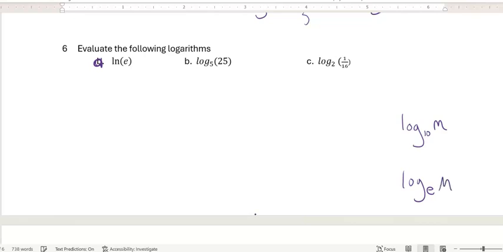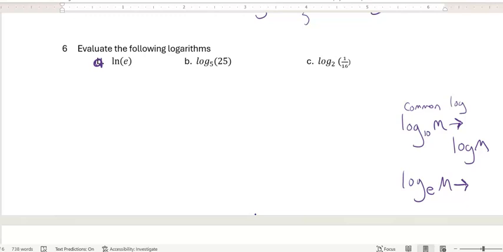The point of this is there's a special notation for both of these. You never see base 10 written because it's a common base, because we have a base 10 number system. So we abbreviate. It's called the common log, or you could say log base 10, that's fine. To abbreviate, you just drop the 10. Whenever there's no number here, you have to understand it's log base 10.